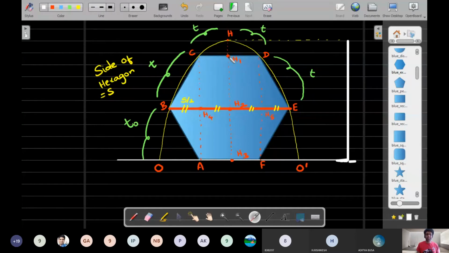Okay, and then from D to E as it moves, that projection falls across a height of H1 to H2, and then from E to O prime it moves, it falls off from H2 to H3. Okay, so the same points I'll mark there for my reference. Okay, right, so this is, let's say, your H, this is your H1, this is your H2, and this is your H3.